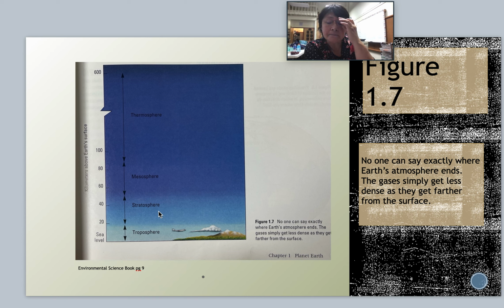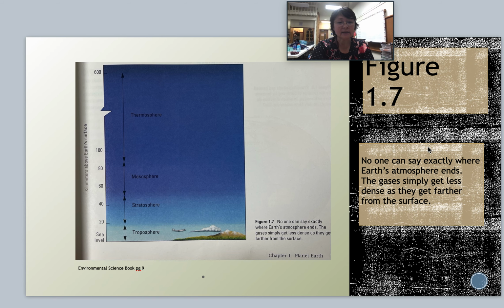And you can see here the heights, the elevation in kilometers of where each of these layers exist. And then above the stratosphere, we have the mesosphere and then the thermosphere. I believe we just answered that question in the section review question regarding which layer the ozone layer resides in.